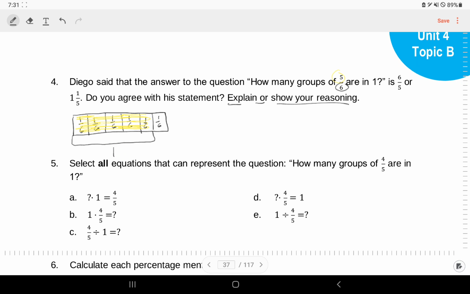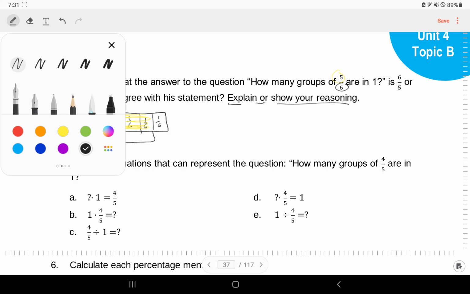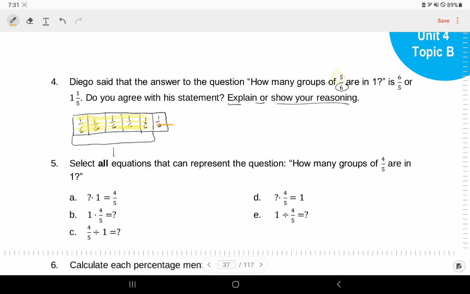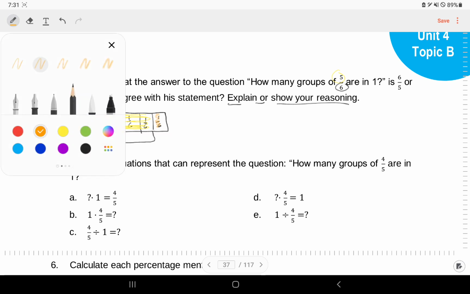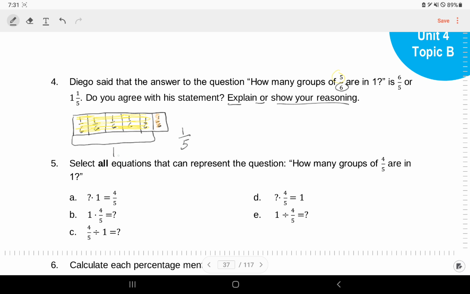So that's one group. Now we've only got one box out of 5, so that's 1/5.